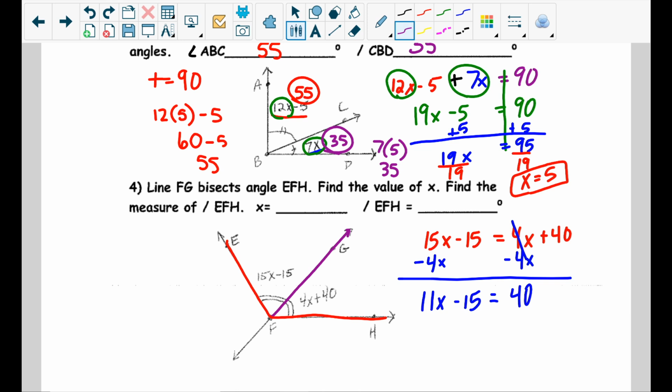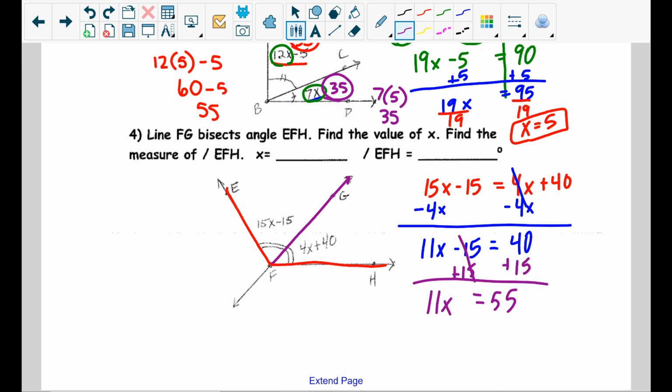Yep, add 15. So 11x comes down. 15 minus 15, 0. 40 plus 15, 55. And last step, divide by 11. So 11's become 1x, and x again is equal to 5.